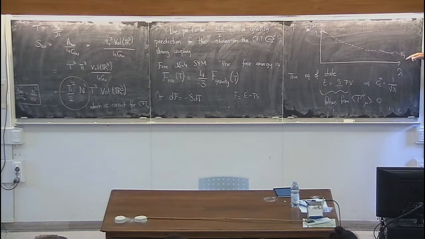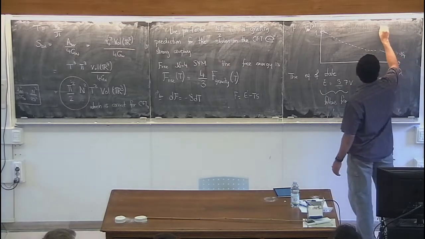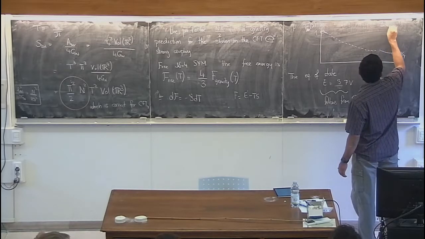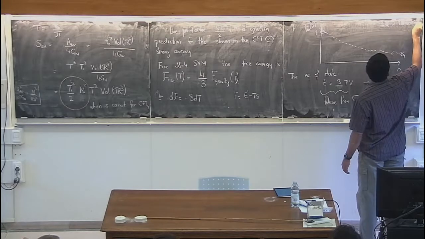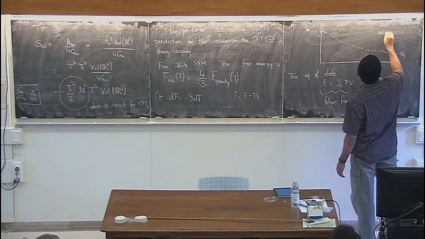Here, it's a bit more involved. You need to know how to do finite lambda corrections away from Einstein's supergravity. So they have to come from string theory. And the string theory corrections, the finite lambda corrections in string theory, are L string corrections.